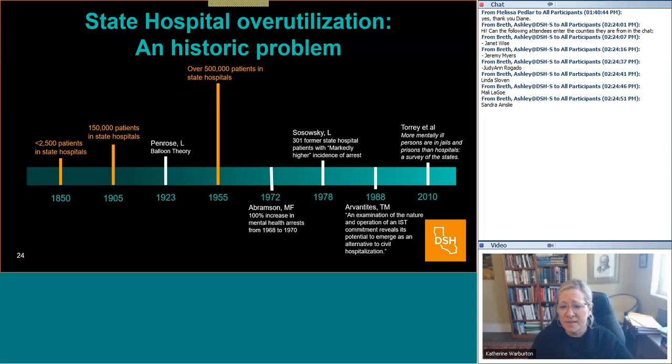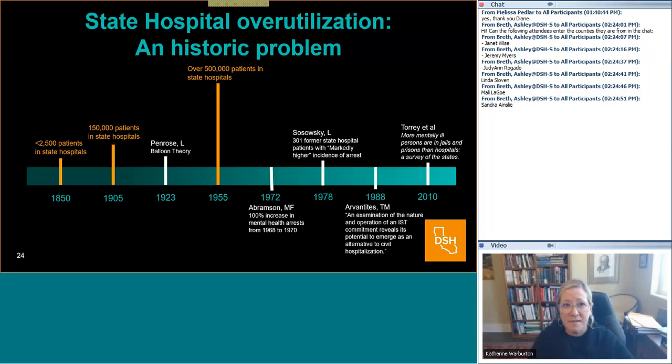He did a little study and found that in his county, there had been a 100% increase in mental health arrests from 1968 to 1978. Zasowski in 1978 did a very similar project, finding that the former state hospital patients had higher incidence of arrests. And there's lots of this in the literature, but I'm just pulling out some of the more interesting ones.